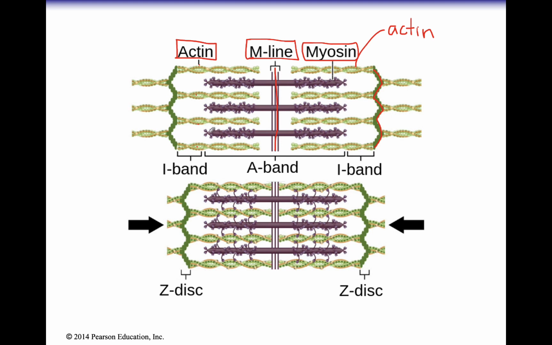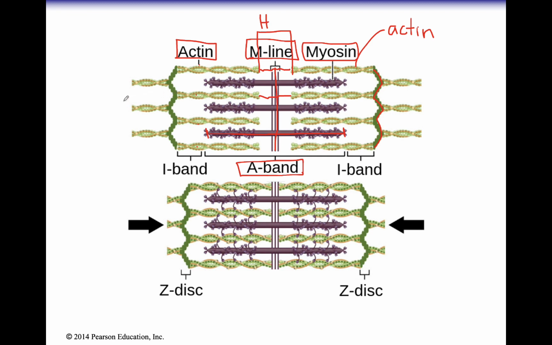Now the length of the myosin from here all the way to here is called the A band. Then you have the distance between the two actins, and I'm going to kind of overlap this writing from here to here. So this space between the two actin filaments, that's called the H zone.